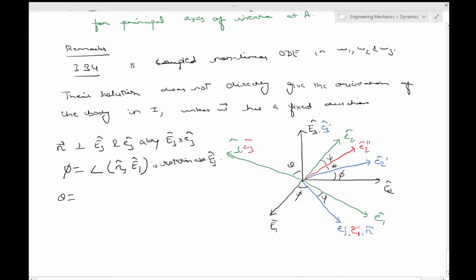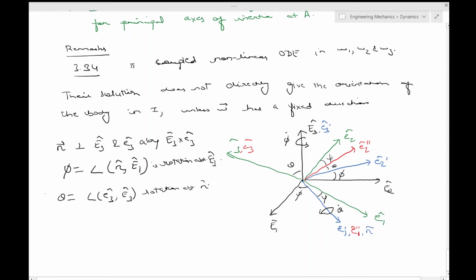Okay, theta is the angle between E3 and e3, rotation about N. So this is called phi dot. Okay, rotation about N would be called theta dot.